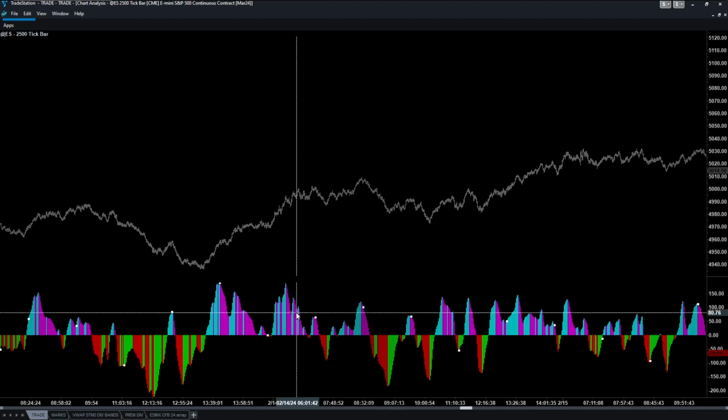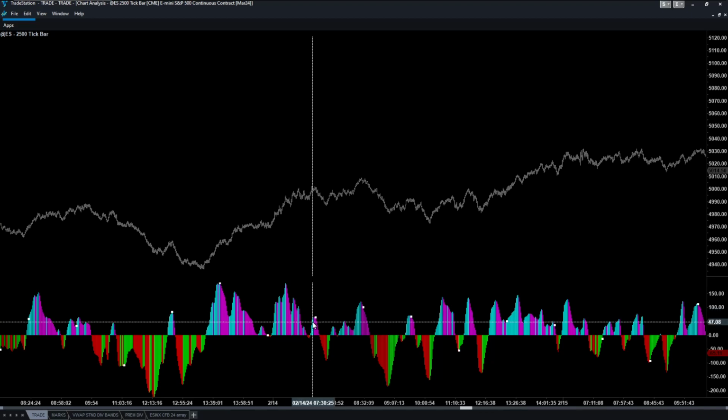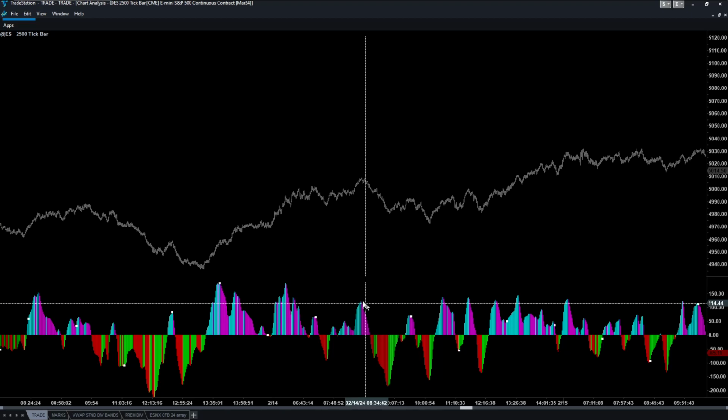We're higher compared to these readings on the CCX indicator. And it's higher than it was here. Higher high here, higher high on the CCX compared to over here. So that could fool you as to whether or not this is a good time to enter a short trade.